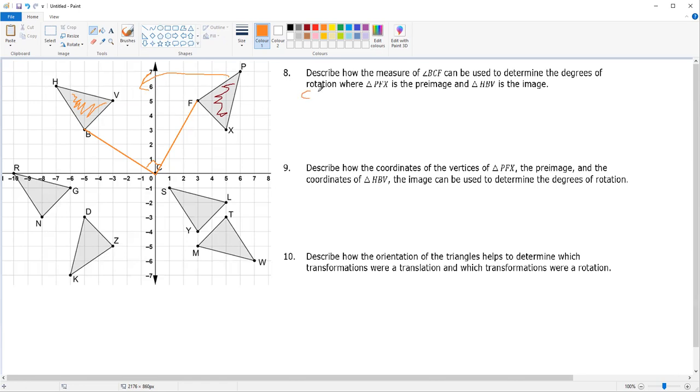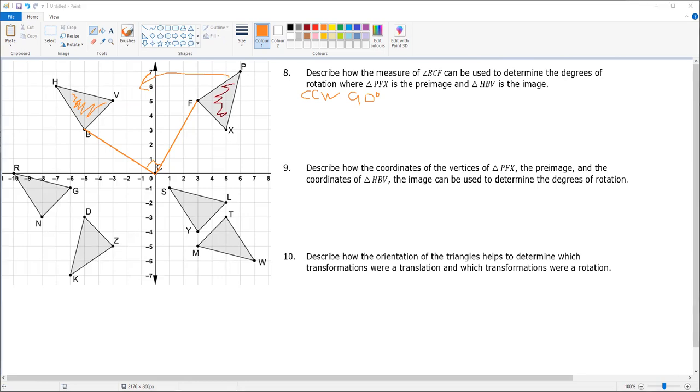So counterclockwise rotation of 90 degrees, right? And how it can be used to find the determination of the angle.